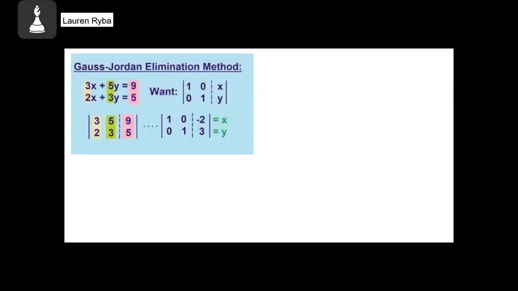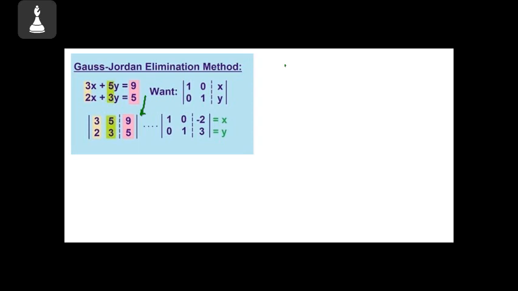What we're going to do is take our equation, like we just did, put it into matrix form. And we're going to use this process called the Gauss-Jordan elimination method so that we can get to our solutions. Our goal is that we want 1, 0, number, 0, 1, number, because then the top is what the x equals, and the bottom is what the y equals.